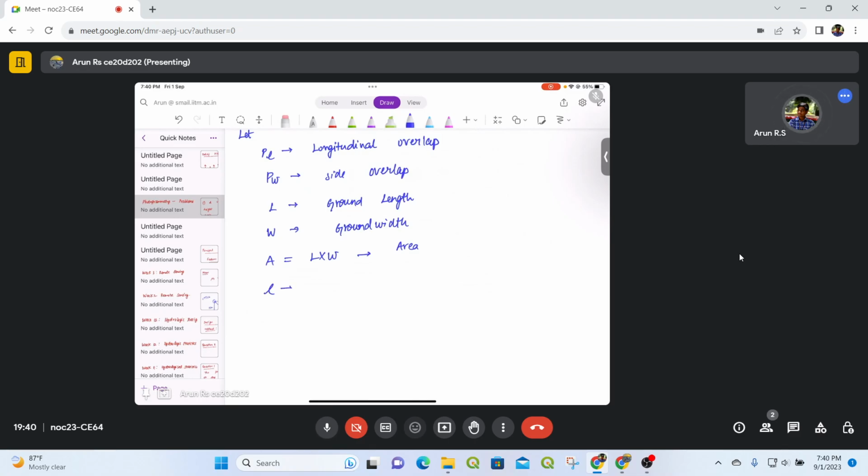Your small l is the length of the photograph, and your small w is the width of the photograph. Let's say your small a, that is small l into small w, is the area covered by the photograph.